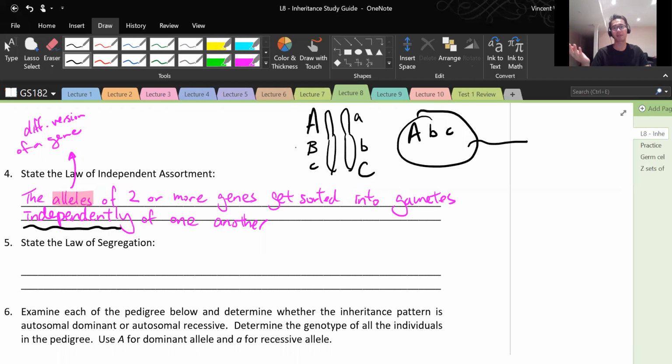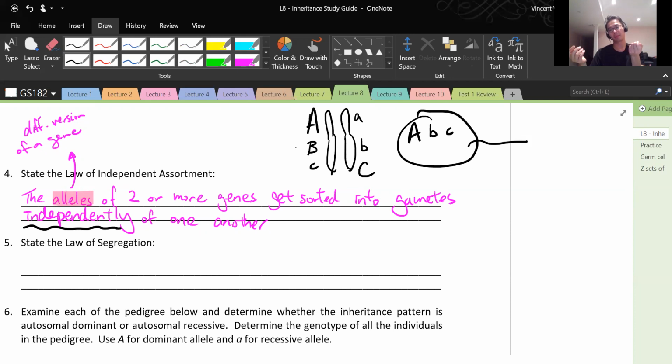Think of it like flipping a coin. If I flip one coin and get a head, and then I flip another coin, whether you get heads or tails on the first coin has absolutely no effect on the second coin. What's the probability of getting a head on a coin? You either get heads or tails, so 50%.